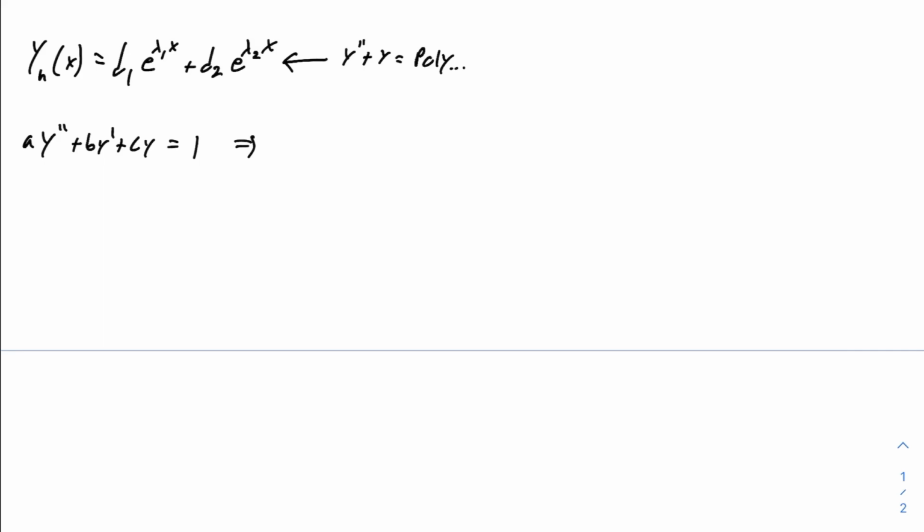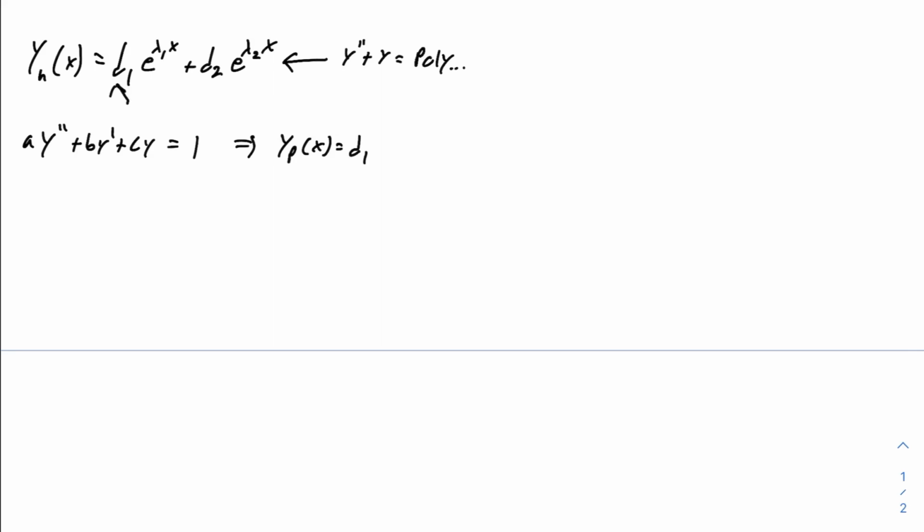And then when we take the derivative of a constant, it would equal 0. And when we take the derivative of 0, it'd be 0. So that one would be 0 and that one would be 0. So for an order 0 polynomial, which is just a constant, we know that our y particular of x is just going to be some other constant. Let's call it temporarily d1.